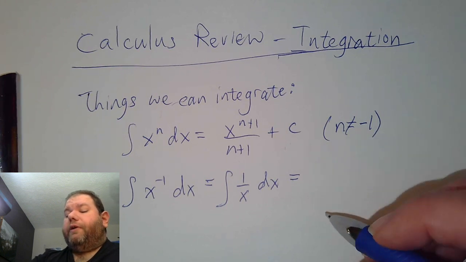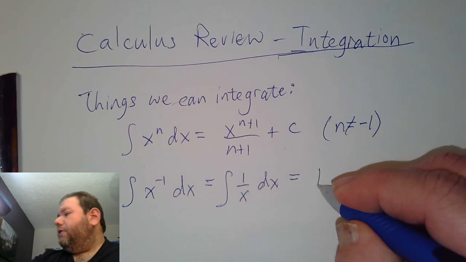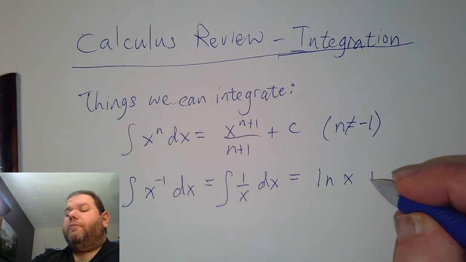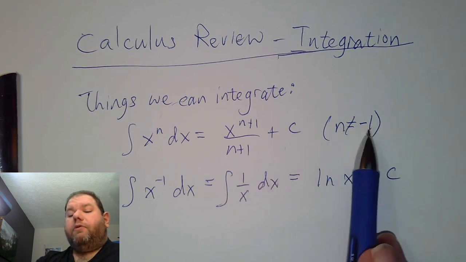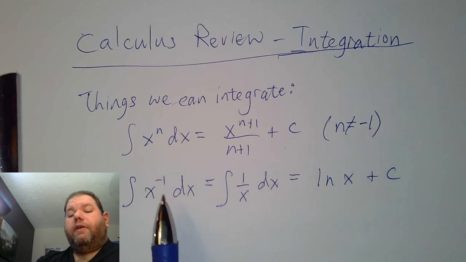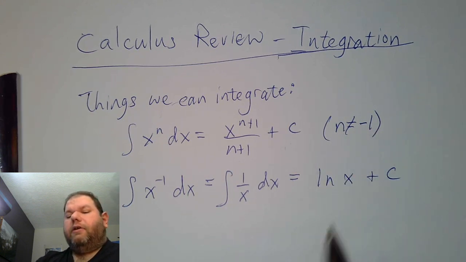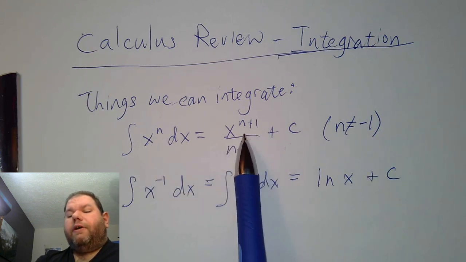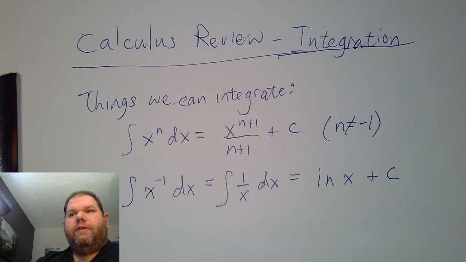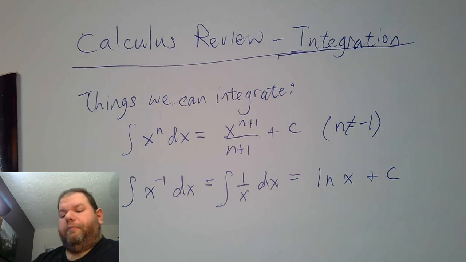And the integral of 1 over x dx, or dx over x, will be natural log of x plus c. So in the case where n is not negative 1, we use the power rule, but if n is negative 1, it becomes natural log of x. The reason the power rule doesn't work is because if this is negative 1, we add 1 to that to get x to the 0 divided by 0, which doesn't exist. Anyway, so we have that.